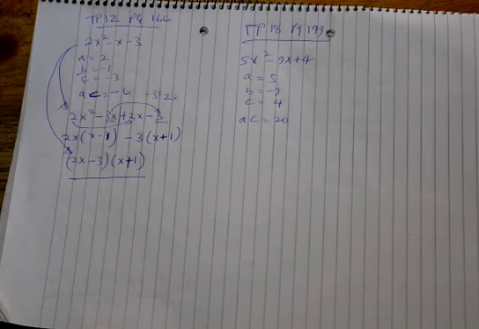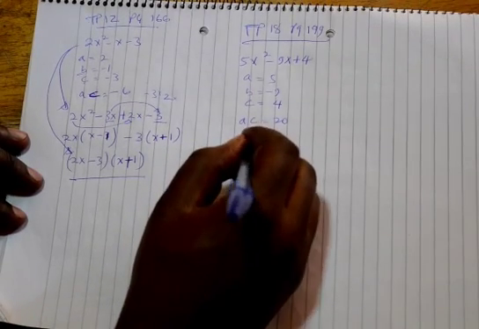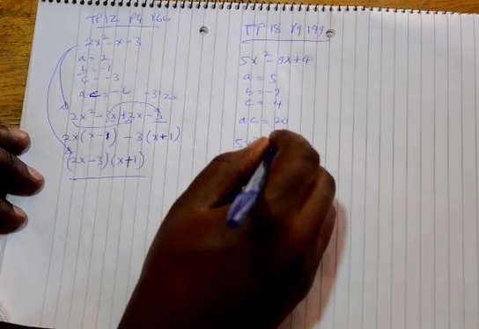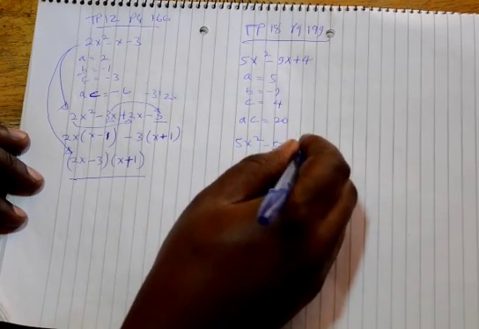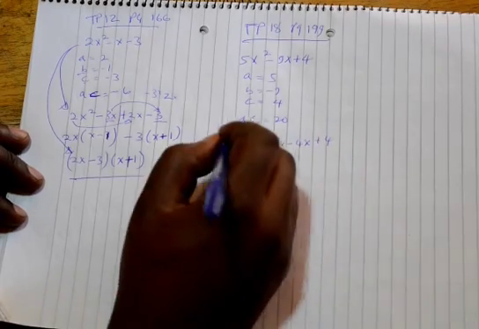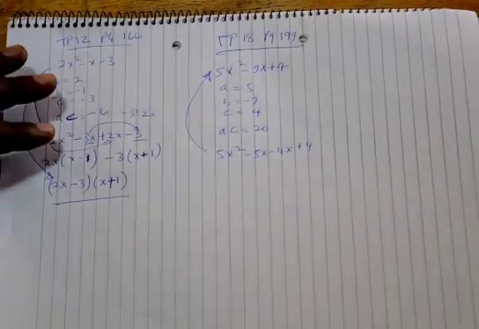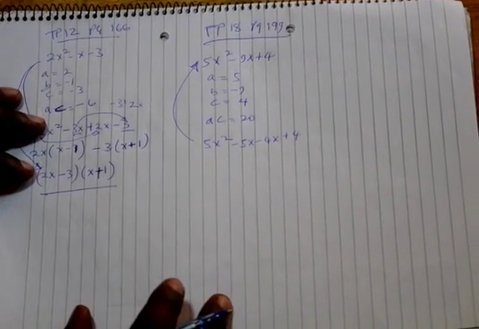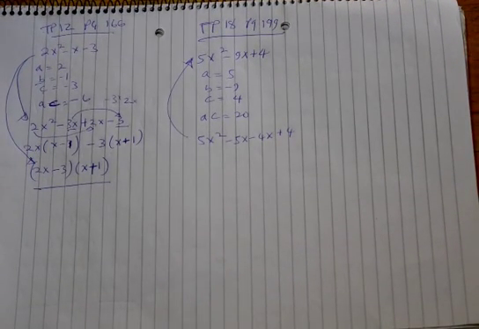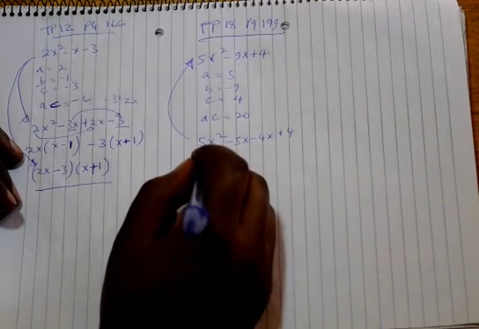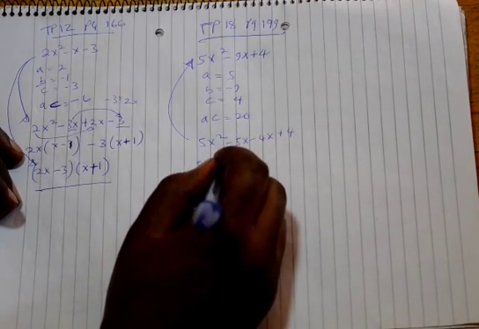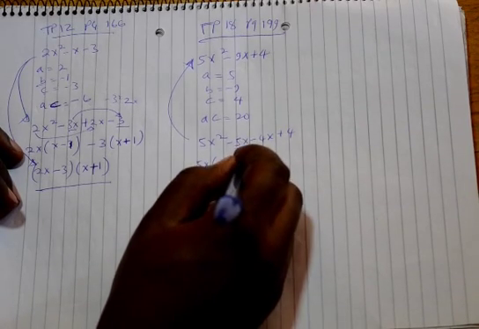Which are those two numbers? When you multiply you get 20, and when you add them together you get minus 9. Coincidentally it's minus 5 and minus 4. Very simple. So here you go ahead and say 5x squared minus 5x minus 4x plus 4, which is equivalent. Then we factorize the like terms: we have 5x, and then x minus 1.